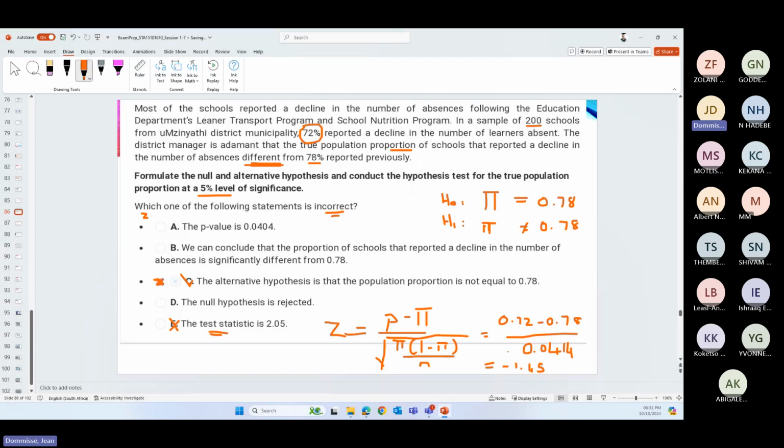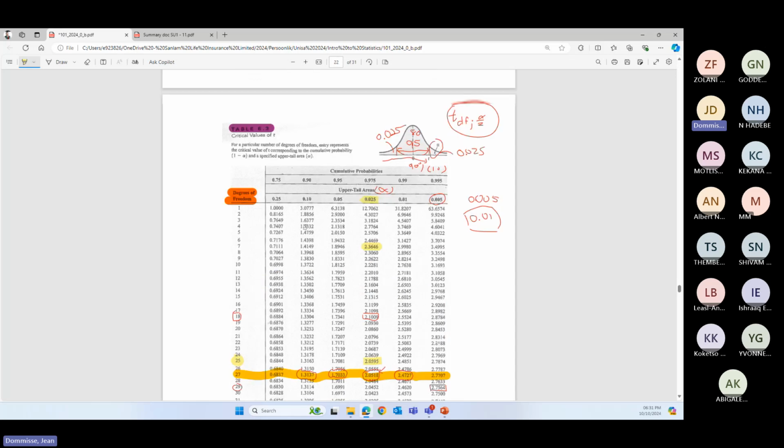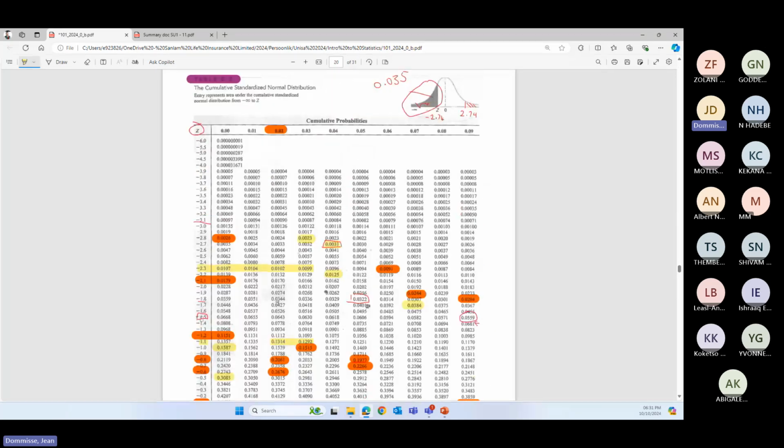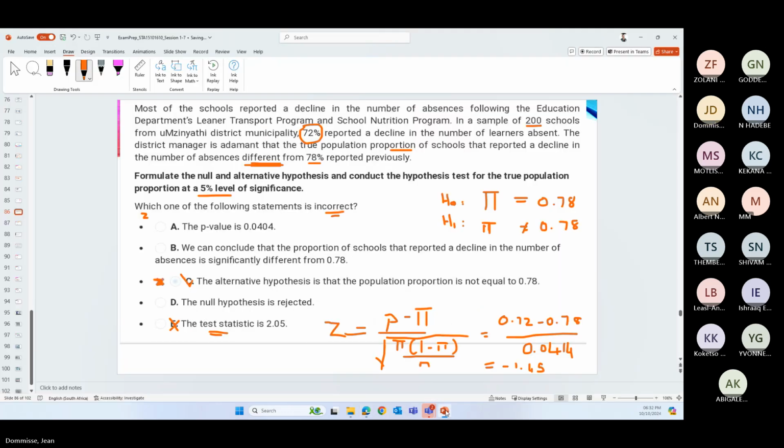If I go to minus 1.45 in the table, minus 1.4, 1.45, 0.073. Okay, thank you, because that did not feel correct.